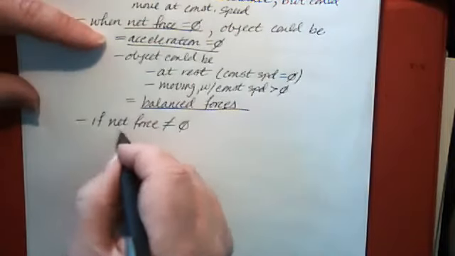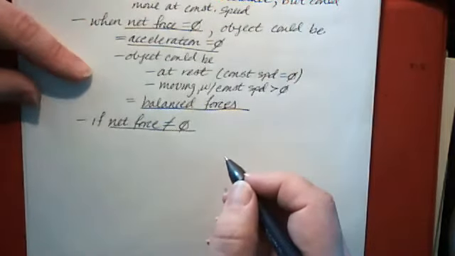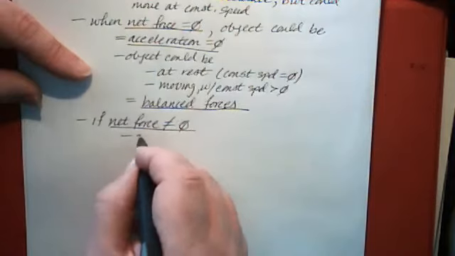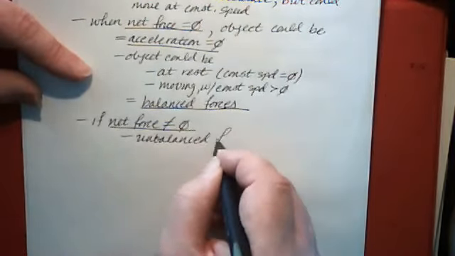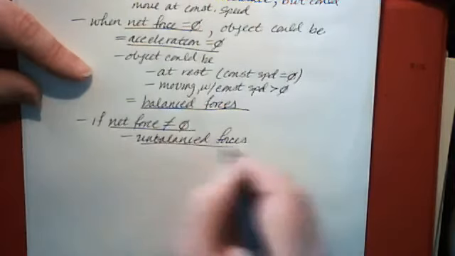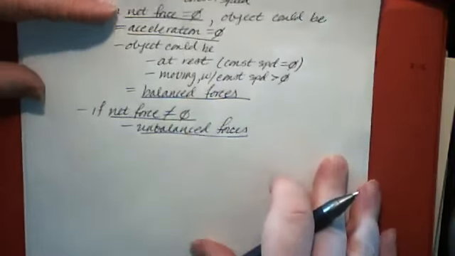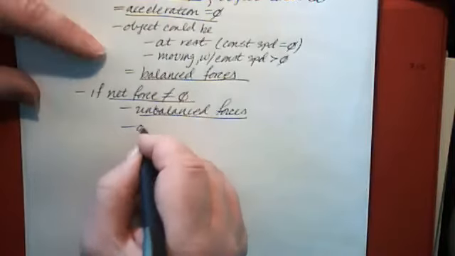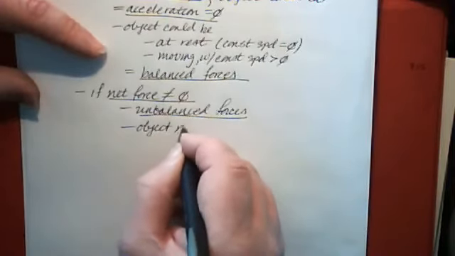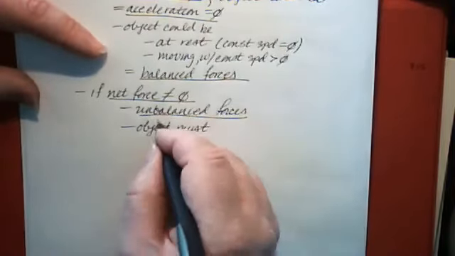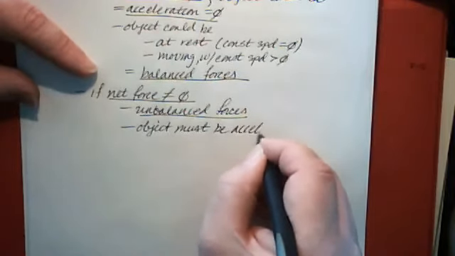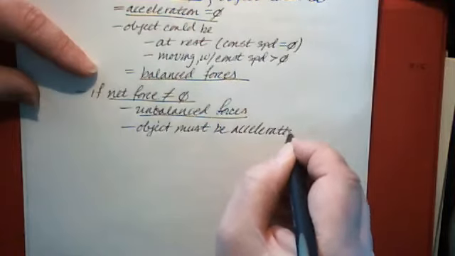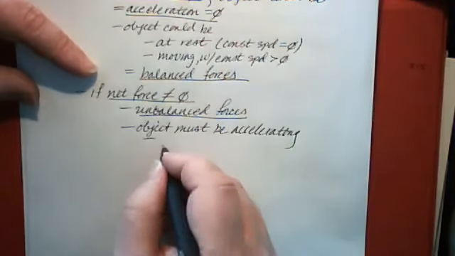If the net force is not 0, that's also known as unbalanced forces. And the object must be accelerating. Remember what we mean by accelerating.